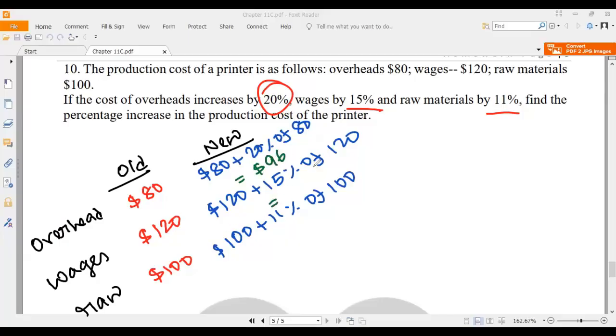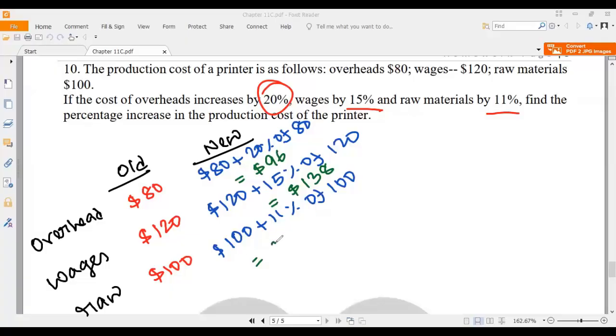120 plus 15% of 120. Percent means we can cut two zeros. So 15 multiplied by 12 will be 180. Then after cutting two zeros, we will get 18. So 120 plus 18 will be 138. And 11% of 100 will be 11.